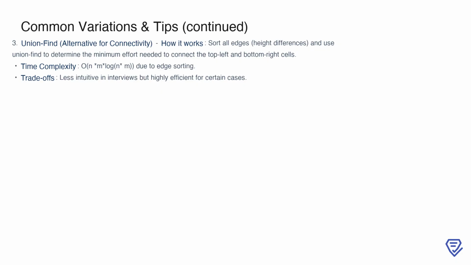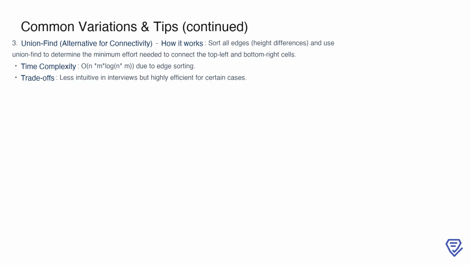Another alternative approach is the use of the union find algorithm to determine connectivity. In this method, all edges, representing height differences, are sorted, and the algorithm progressively connects components in the grid based on the smallest differences. The goal is to determine the minimum effort necessary to connect the top left and bottom right cells.